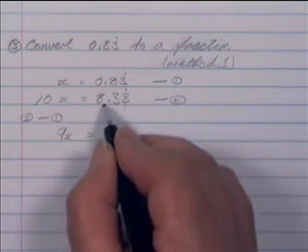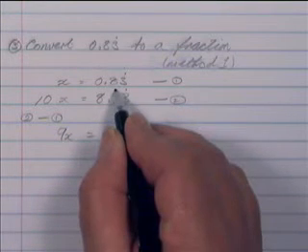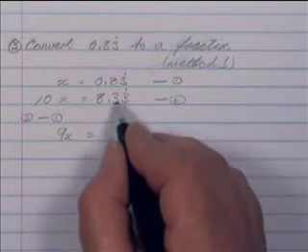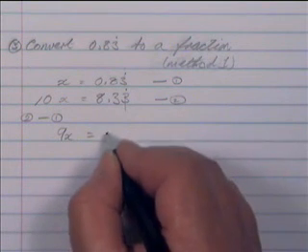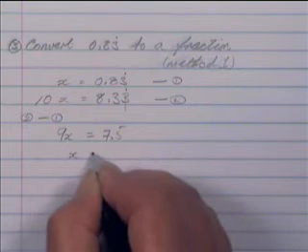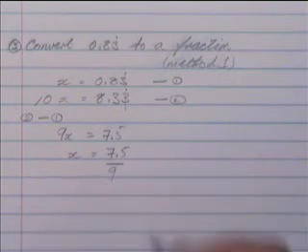Now do you see why I wrote it as 8.33 recurring? I didn't put the recurring there because that would make my life a little more difficult. So 8.3 take away 0.8 is 7.5. So x is 7.5 over 9.